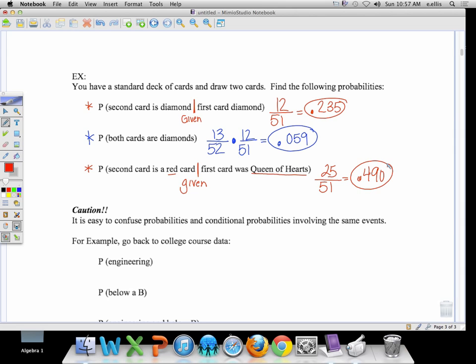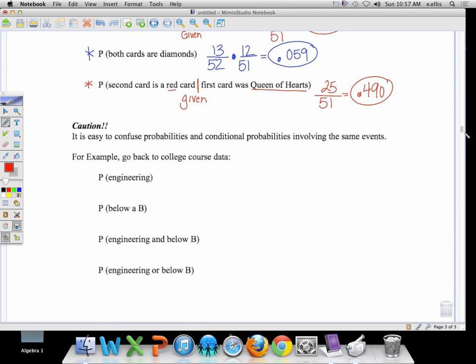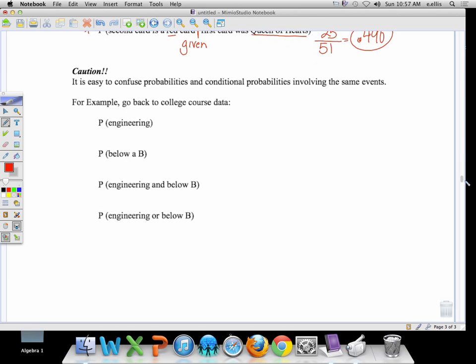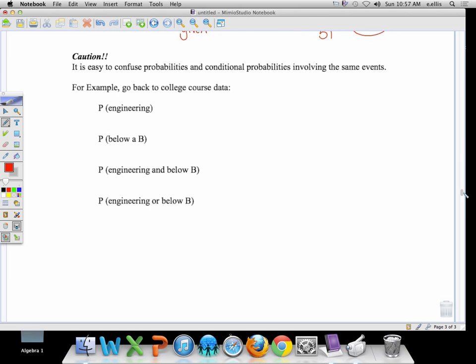Okay, so there's a lot of different types. You've got charts. You have big story problems where you multiply. You have scenarios where you're selecting. You got to think about what you have kind of in your hands. It is very easy to confuse probabilities and conditional probabilities involving the same event.